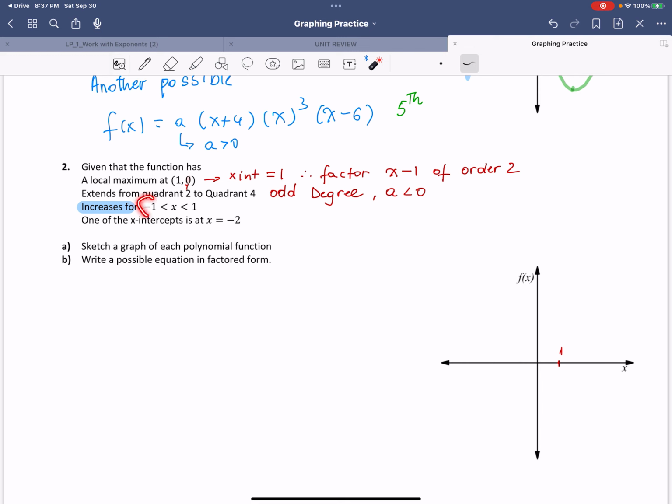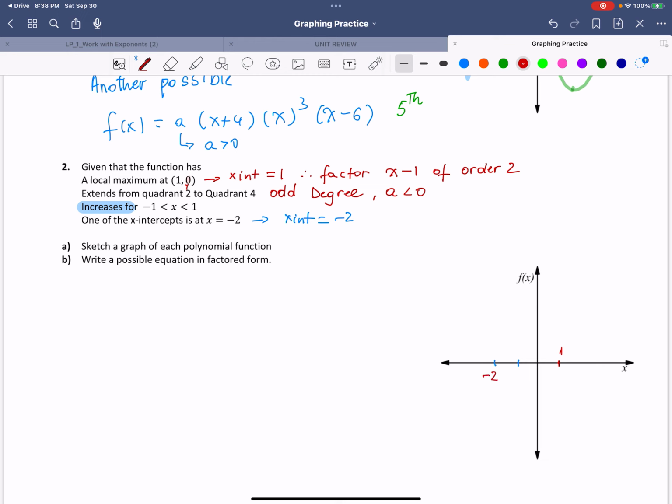So the increasing and decreasing intervals may give us the local minimum and maximum points. I'm going to wait on this information because my focus is the x-intercept. One of the x-intercepts is at x equals -2. So, as the problem says, the x-intercept at -2 will be another point on the graph here.